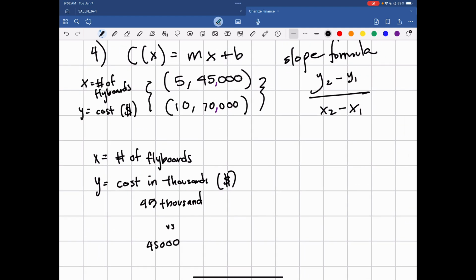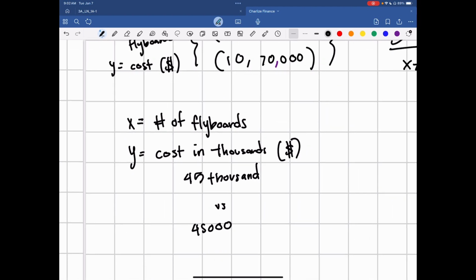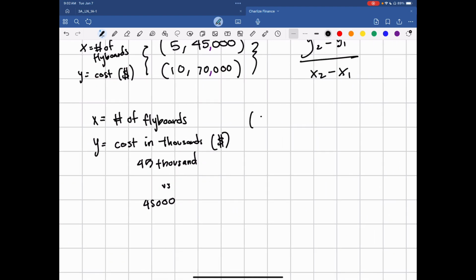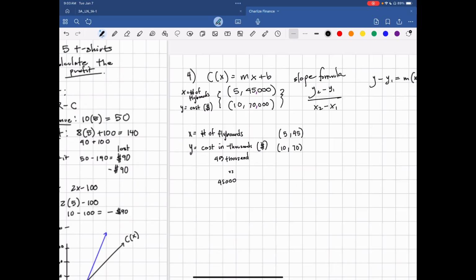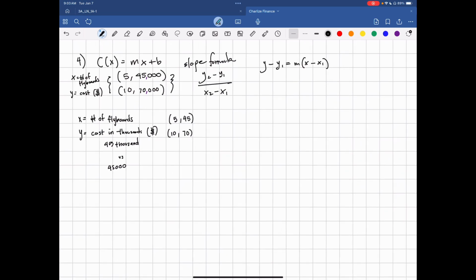But especially when you have a bunch of zeros, there's not really a point when you can just say it in thousands. So instead, my coordinates would look like this: 5, 45 and 10, 70. I'm saying five flyboards for 45,000 and 10 flyboards for 70,000. It's the same thing, just a little easier, and you could do it either way.